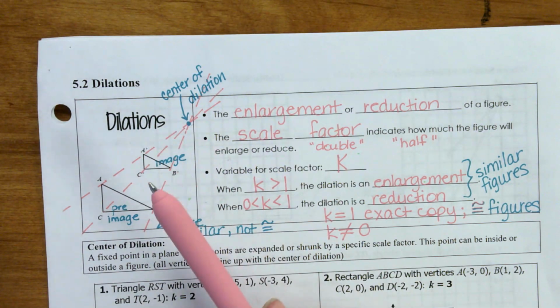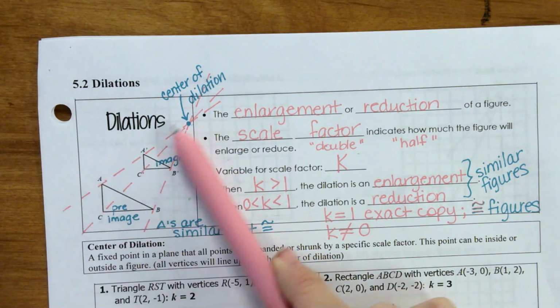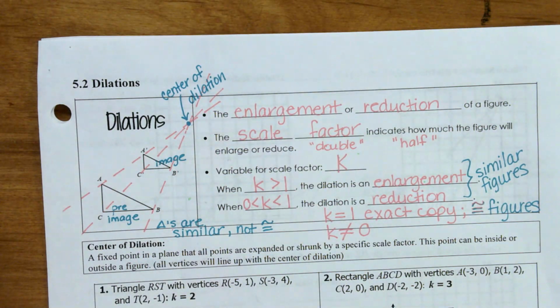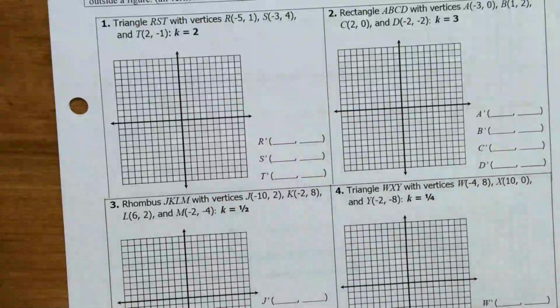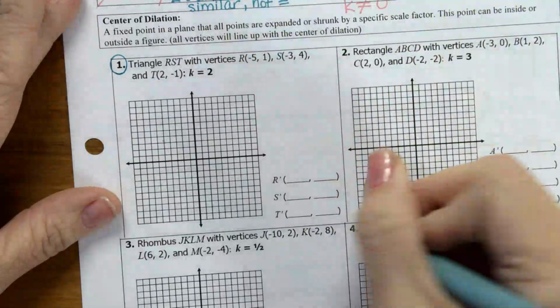You can think of the image as a shadow. The pre-image is the original item. And you see these lines that I drew to map everything? Those are like sun rays. Right? Does that make sense? You can visualize that, right? In your head?